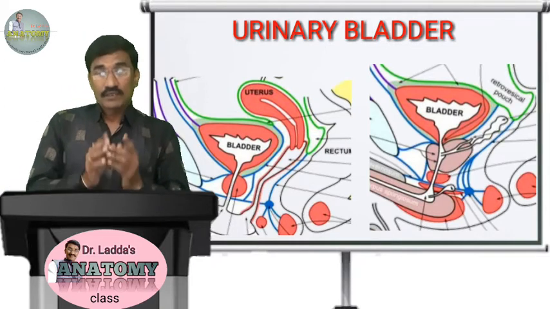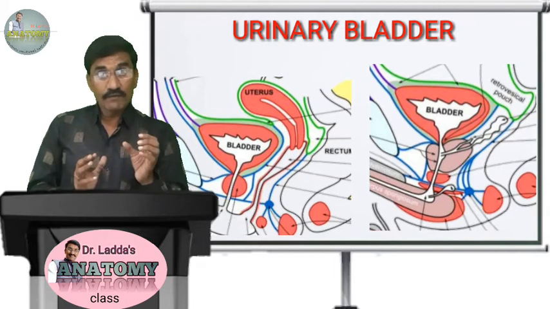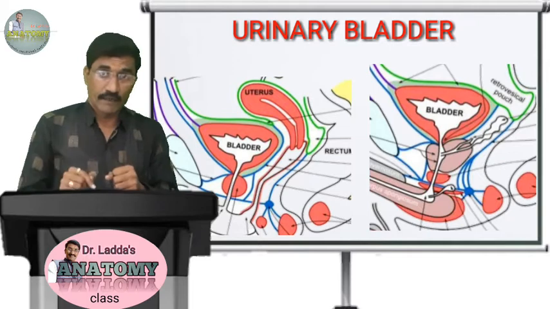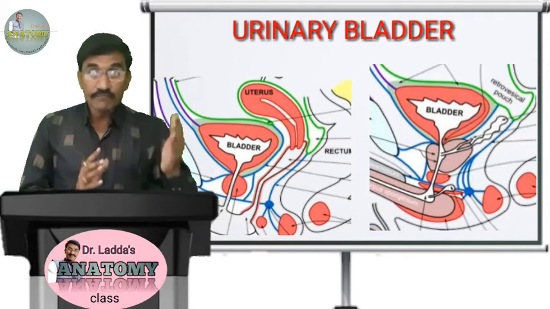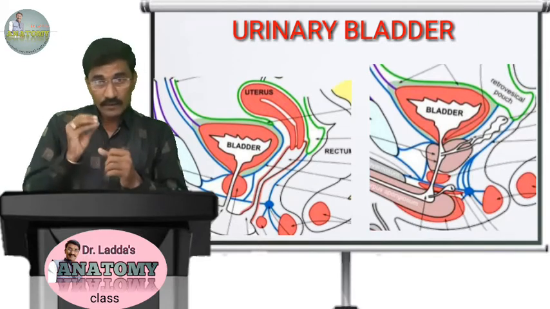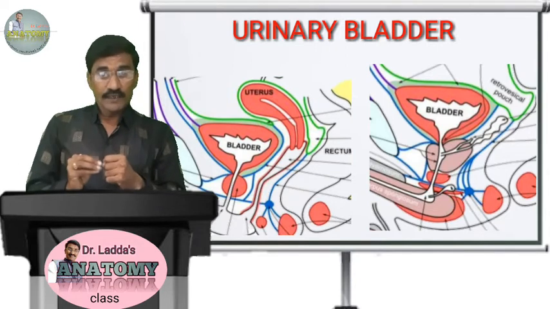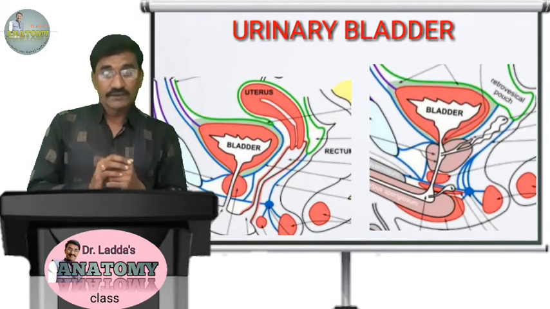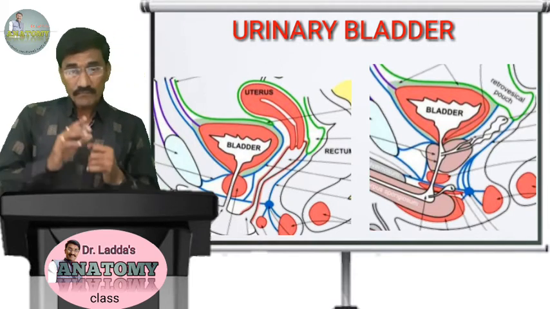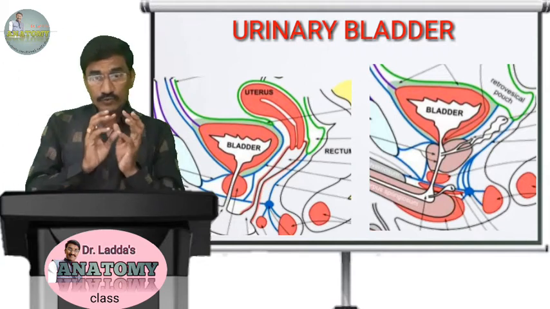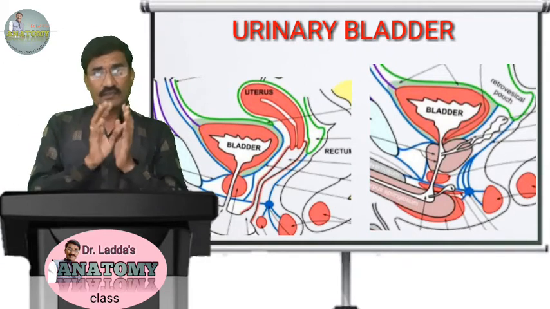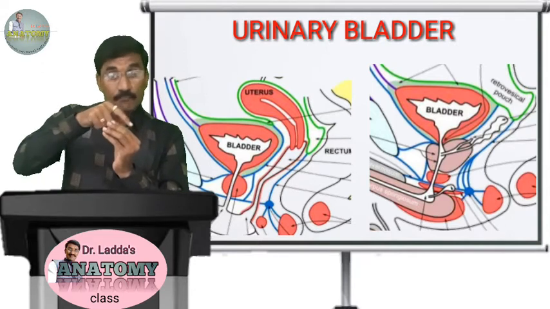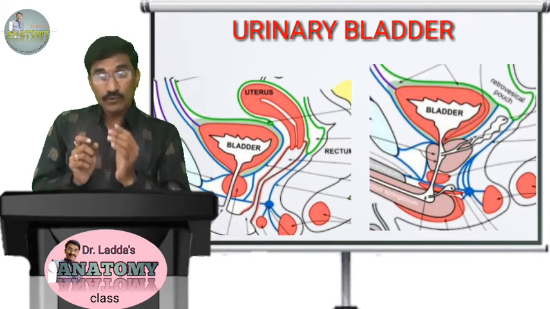In female, the neck is related with the pelvic fascia surrounding what? Surrounding directly the urethra, because there is no prostate. So in female, the neck is related with the pelvic fascia surrounding the upper part of the urethra, whereas in male, the neck is related with smooth muscle bundles, which are surrounding the bladder neck and the pre-prostatic urethra.